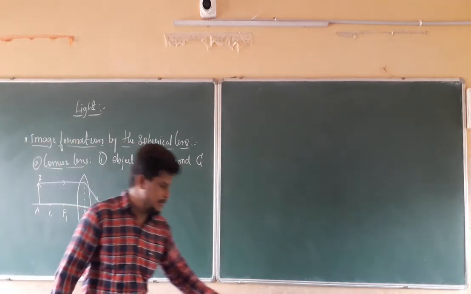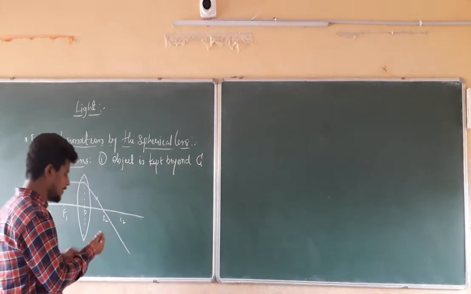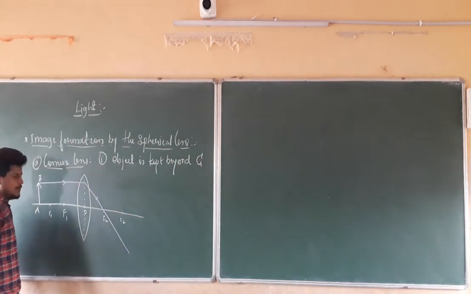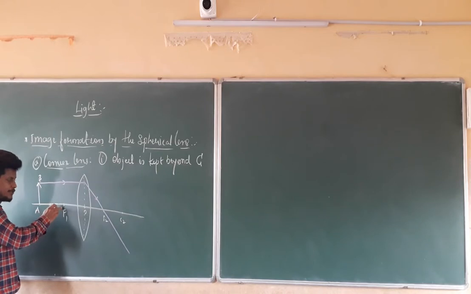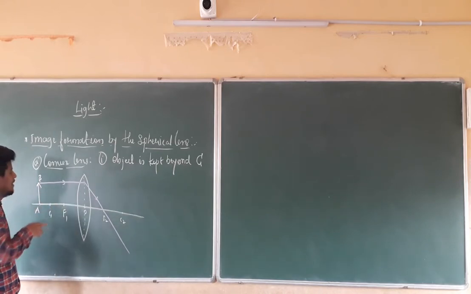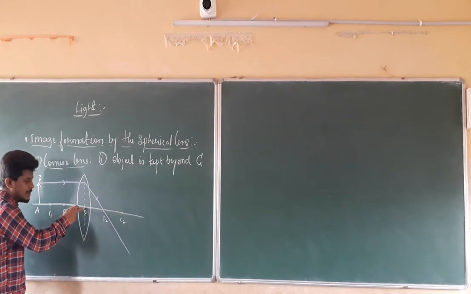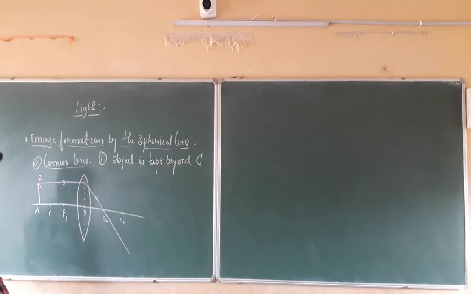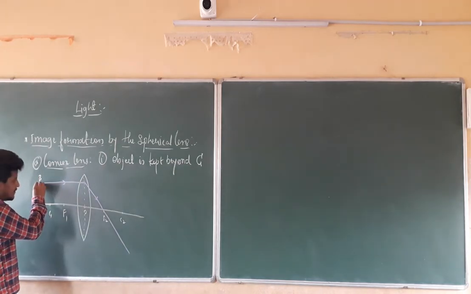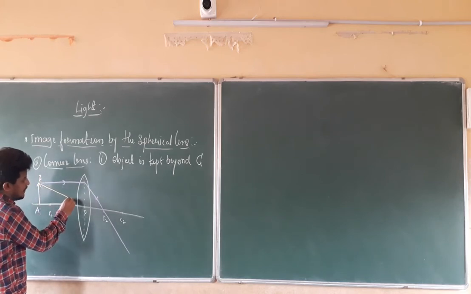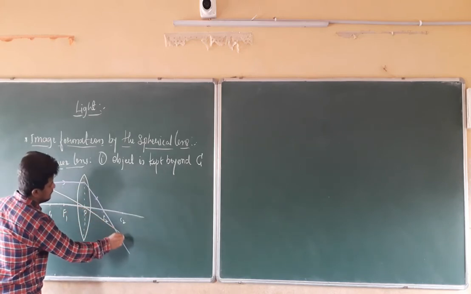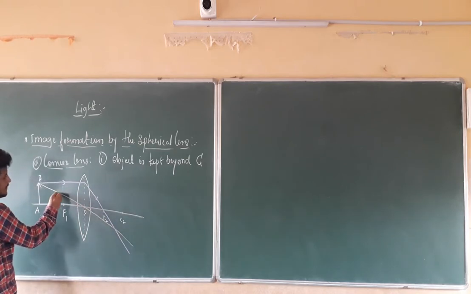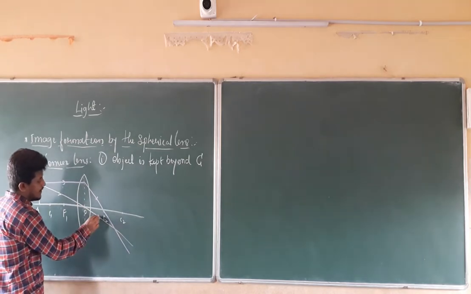Now for the second light ray, either you can take the light ray which is passing through the principal focus, or directly take the light ray which is passing through the optic center of that lens. In this case, I am going to take the light ray passing through the optic center of the lens. It is going to travel like this, the incident ray and the refracted ray.